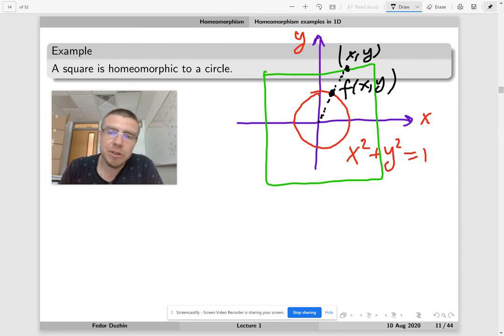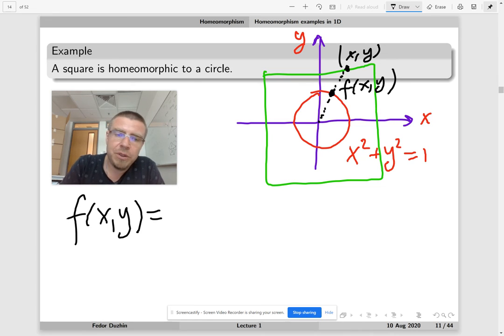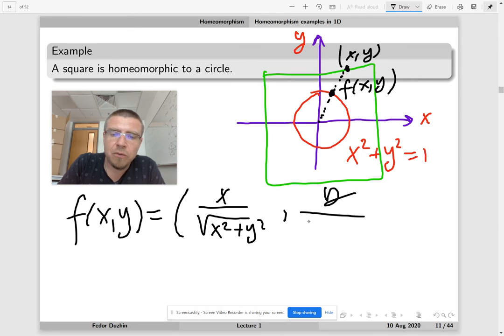It is a single point on the square, or it is a single point on the circle, right? So my f of xy is therefore going to be, watch this, x over square root of x squared plus y squared, comma, y over square root of x squared plus y squared.